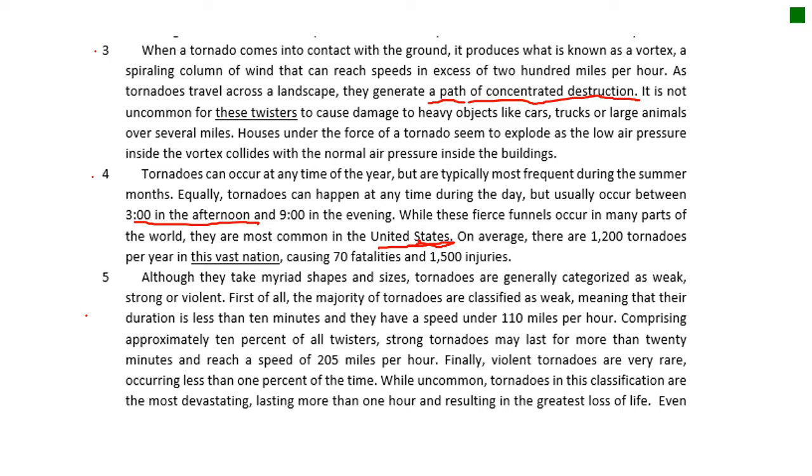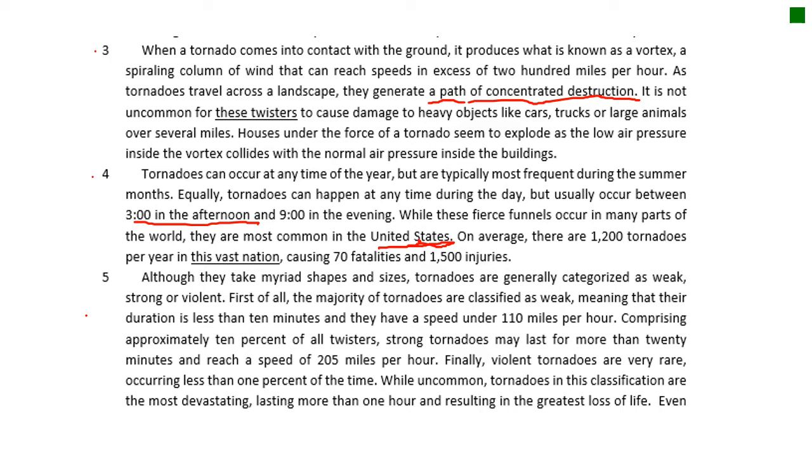Now, talking about the different shapes and sizes. They come in different shapes and sizes. They are categorized as weak, strong, or violent. Okay, so this paragraph, as you saw in the organizational skills question, is a paragraph that organizes and categorizes information, classifies.